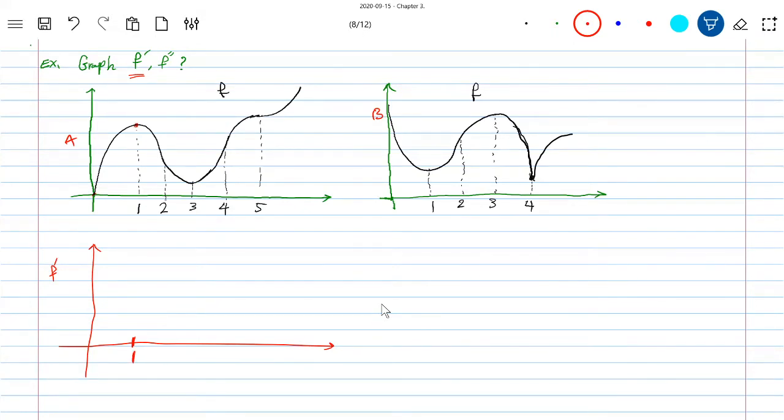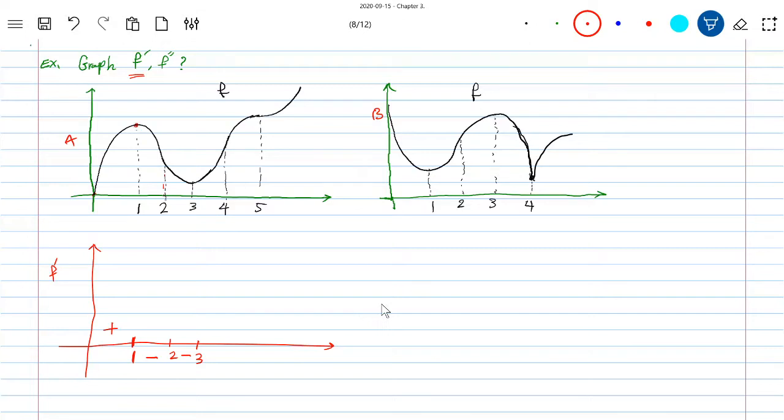So f prime must be here. Positive f prime. From 1 to 2, what you see is decreasing, so you have a negative derivative. From 2 to 3, still a negative derivative because the function is still decreasing. I just wrote negative, but basically it means the function has to be in this area.